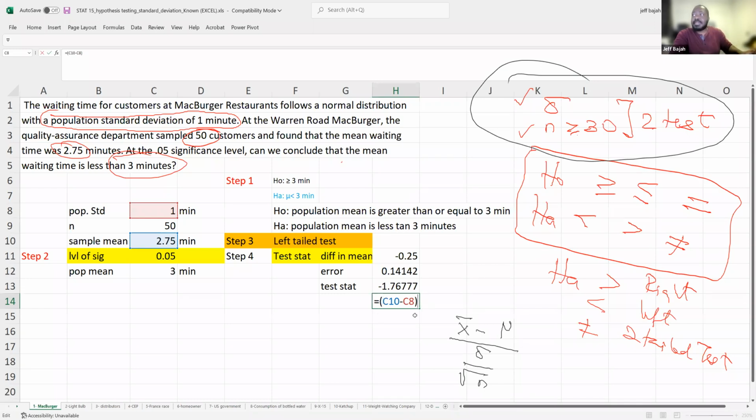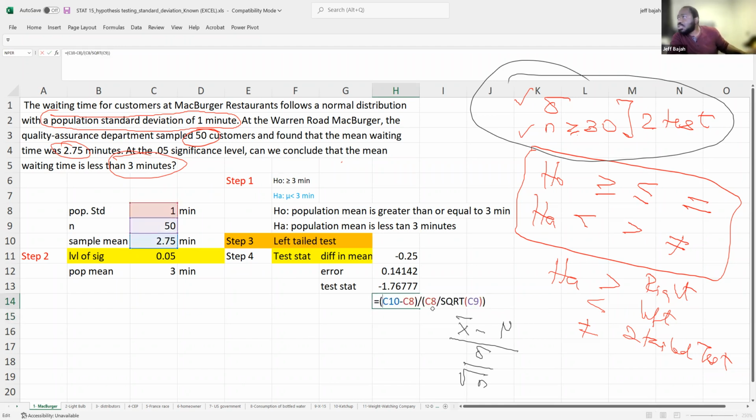And then you divide by, you open your parentheses here, and do your population standard deviation divided by the square root of 50, right? And this will give you the same result.